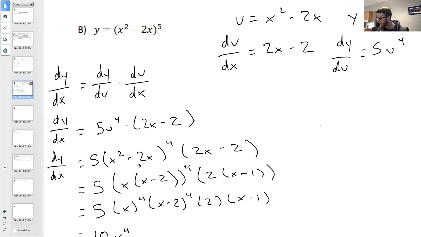The x in the brackets with the exponent 4 will just be x to the 4. We will leave x minus 2 to the 4 and x minus 1, and we are happy with that. So to put our answer in final form, y prime, the derivative of y with respect to x, is equal to 10x to the 4, bracket x minus 2 to the 4, bracket x minus 1.